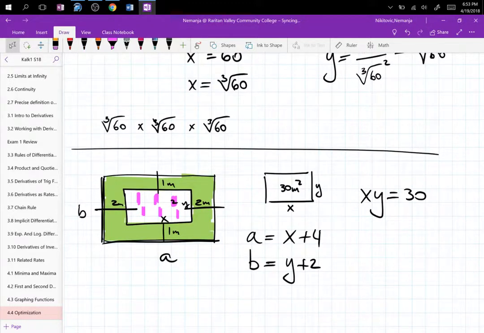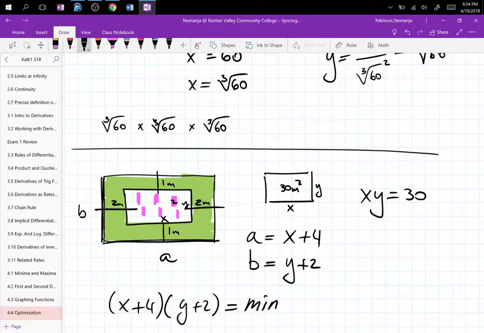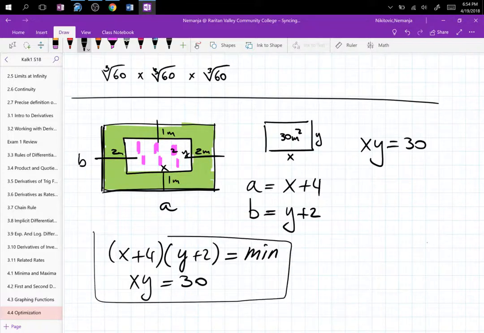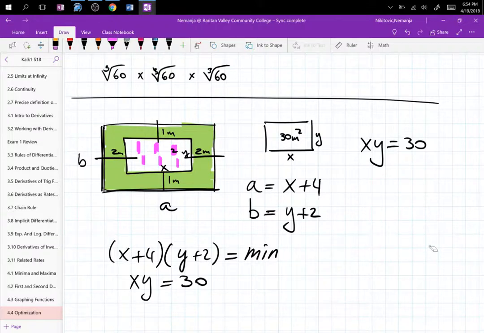So now what do I want? I want to create the minimum area, but area is AB, so I have x plus 4 times y plus 2 equal to minimum. And xy is 30. There's the set. Solve for whichever one you want. I don't know, x equals 30 over y. Doesn't matter.